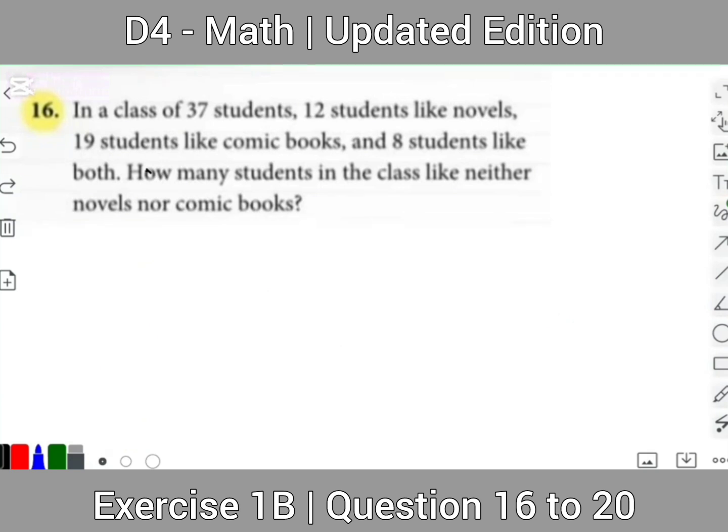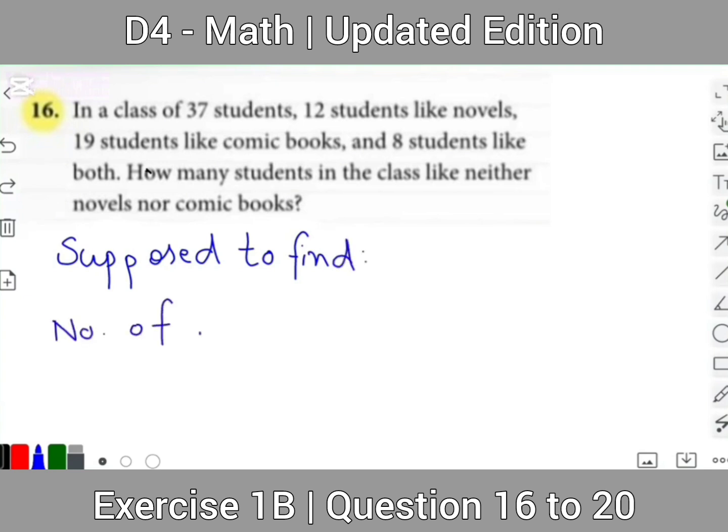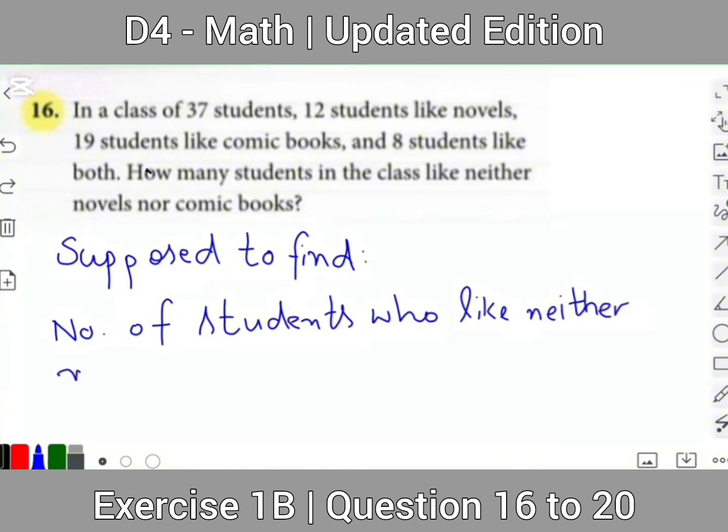Now what we have to find is the number of students who like neither novels nor comic books.